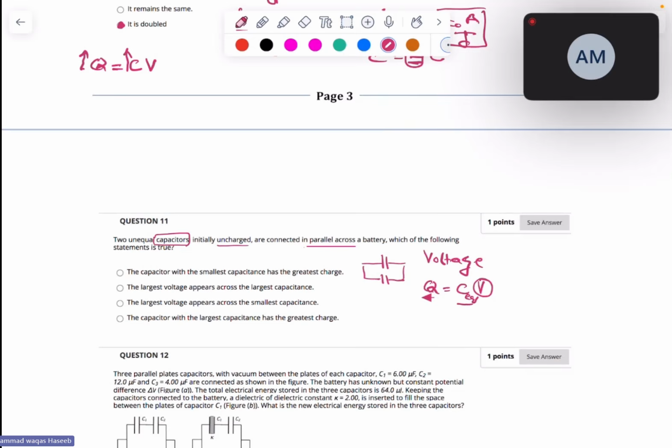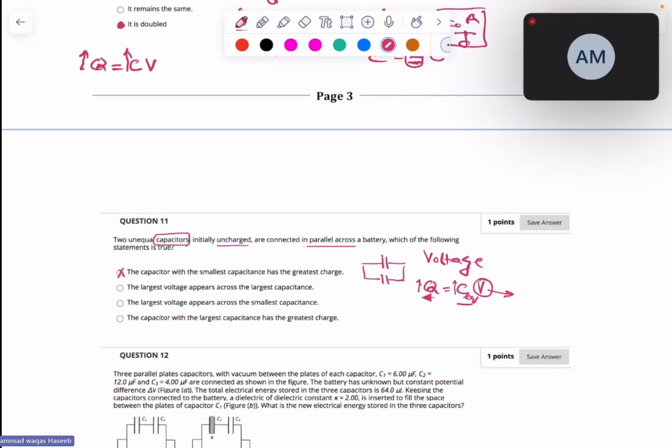Okay. The capacitor with the smallest capacitance has the greatest charge? No, because they are related to each other. If the capacitance increases, the charge will also increase. So that is not the correct option. The largest voltage appears across the largest capacitor?